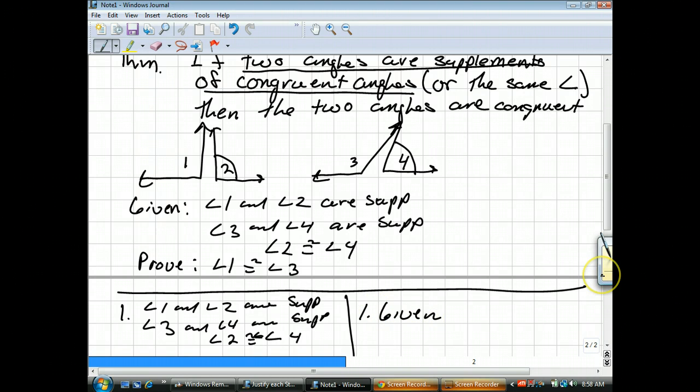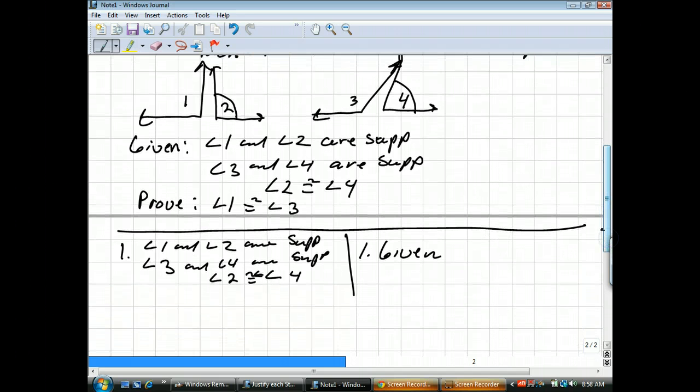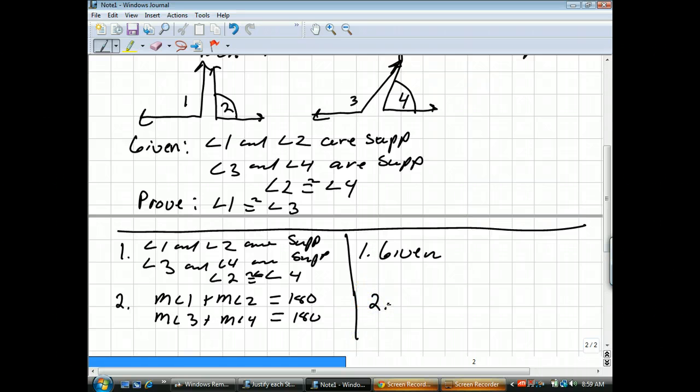So the fact that two angles are supplementary, what does supplementary mean? Well, it means that the two angles added together equal 180 degrees. So we can say then measure of angle 1 plus measure of angle 2 equals 180, and measure of angle 3 plus measure of angle 4 equals 180. And we were able to say that by definition of supplementary angles.